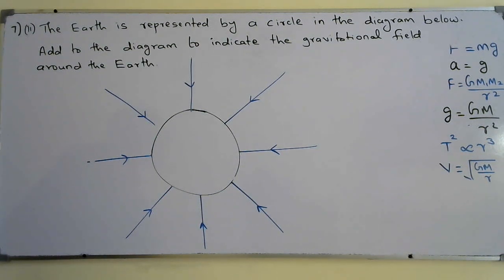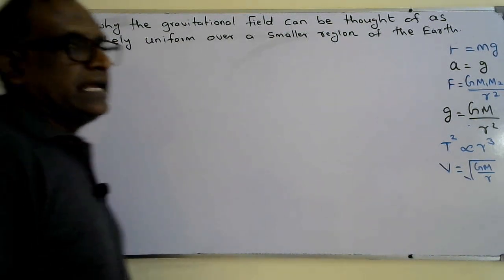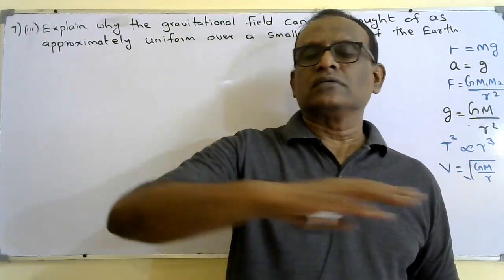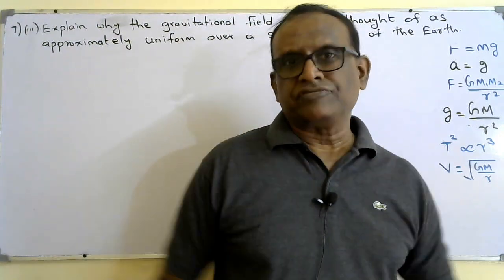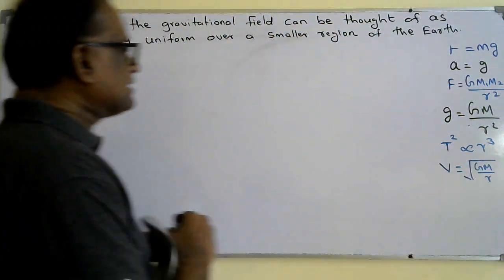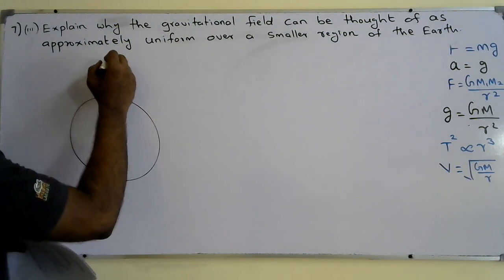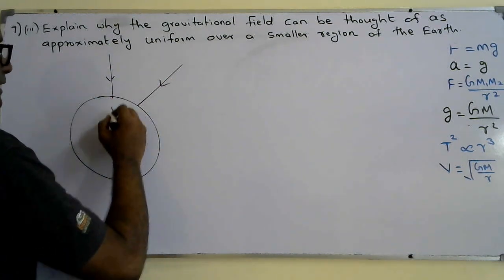Okay, so explain why the gravitational field can be thought of as approximately uniform over a smaller region of the Earth. Even if the Earth is spherical, if you think about a region, for example a football ground, it looks perfectly flat. The gravitational field lines are always radial, meaning they will be perpendicular to the surface at any point because they meet at the center of the Earth or center of the planet.